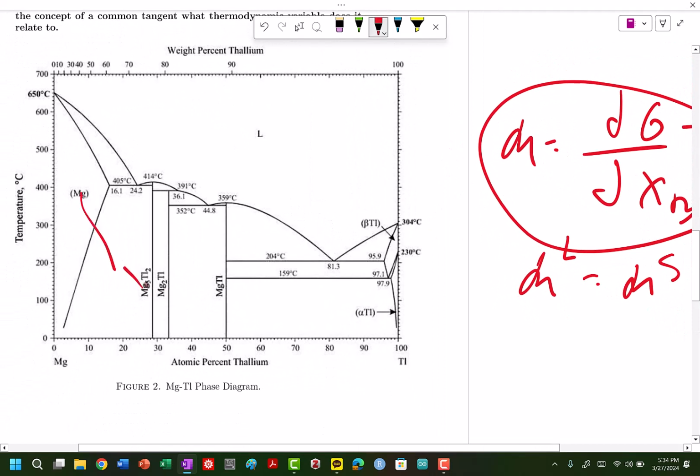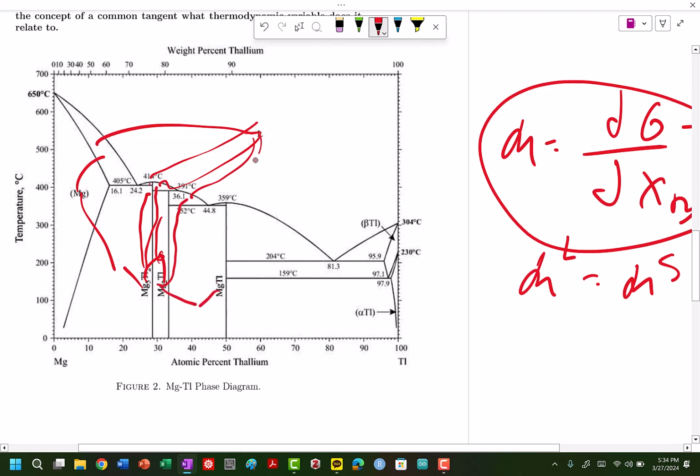This plus this for this phase, this plus this for this phase, this plus this for this phase. It's going to be this guy plus this, liquid plus this again. For this phase, it's going to be liquid plus this guy over here. Here, this phase plus this phase, liquid plus this phase, liquid again plus this phase.